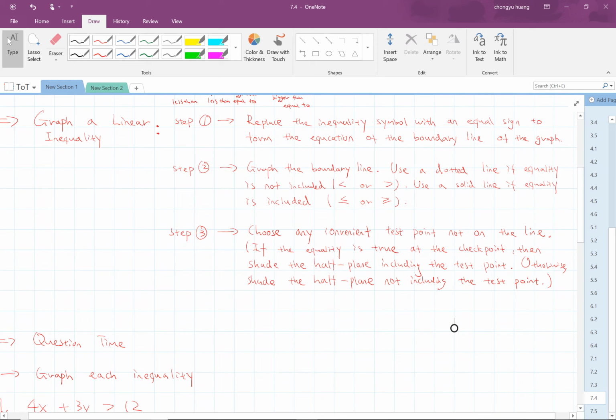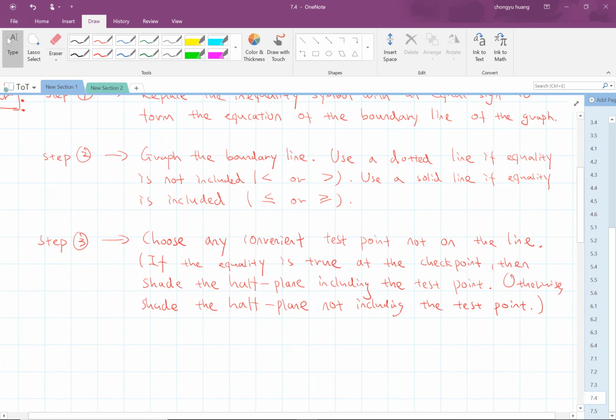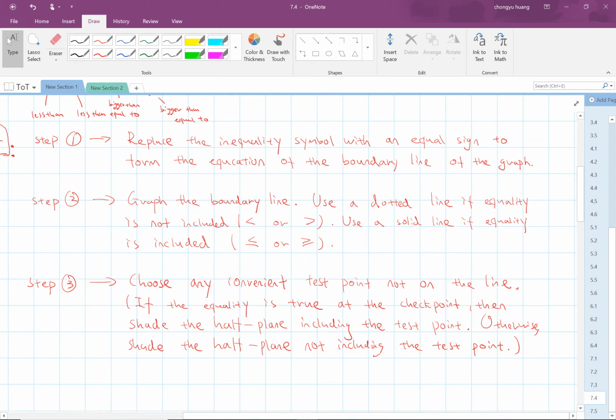What we have been talking about is how to graph a linear inequality. That's the topic for this section. Let me move into this part.